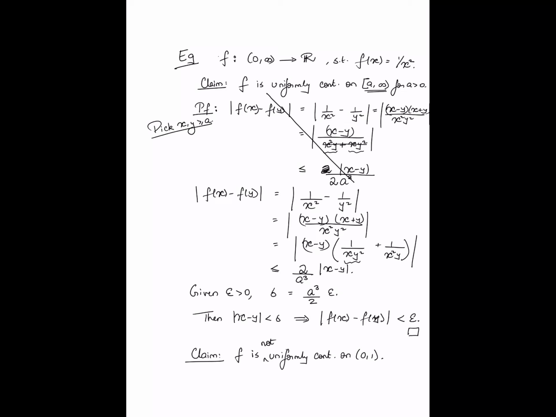Maybe I'll move to the next page for the proof. So the claim, recall, is that f of x equals 1 by x square is not uniformly continuous on the interval 0, 1.